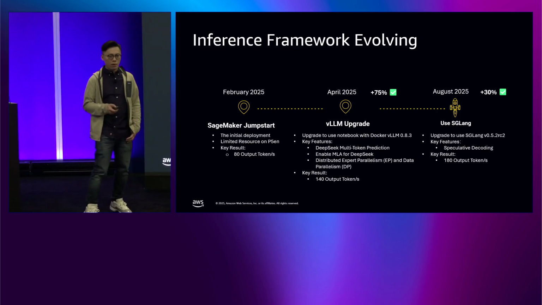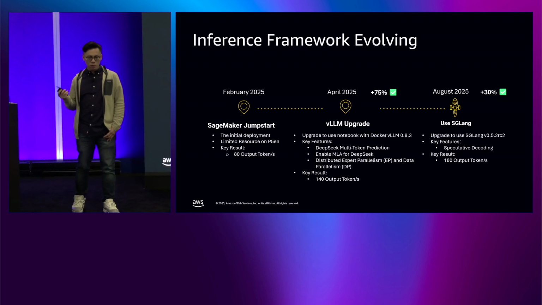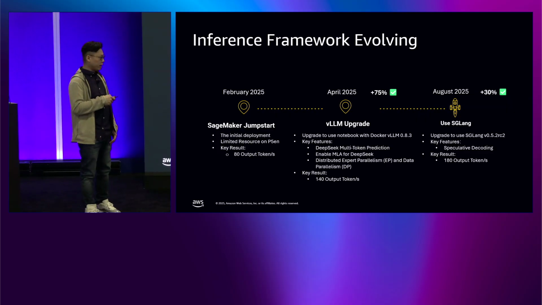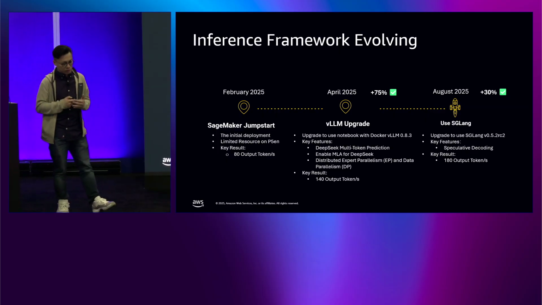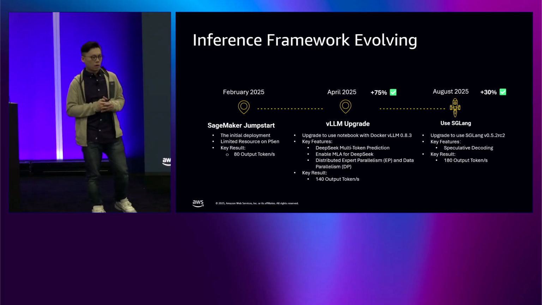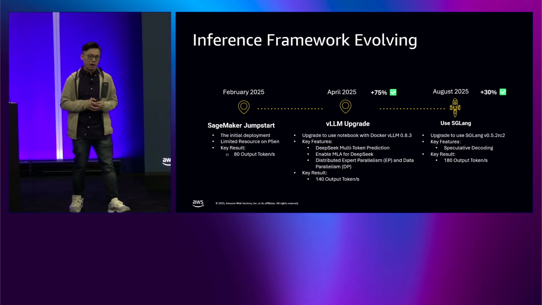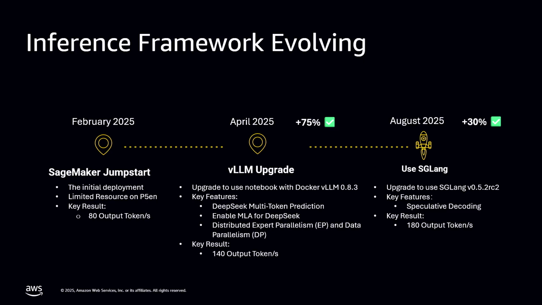However, with this LLM, the inference performance matters. Remember what Wes just mentioned: this is sentiment analysis on a dynamically moving market with a very short time window in which we need to react. So we need to do inference optimization. Here's the journey. Earlier this year, in February 2025, we started this deployment using SageMaker JumpStart on P5en instances, which resulted in 80 output tokens per second.